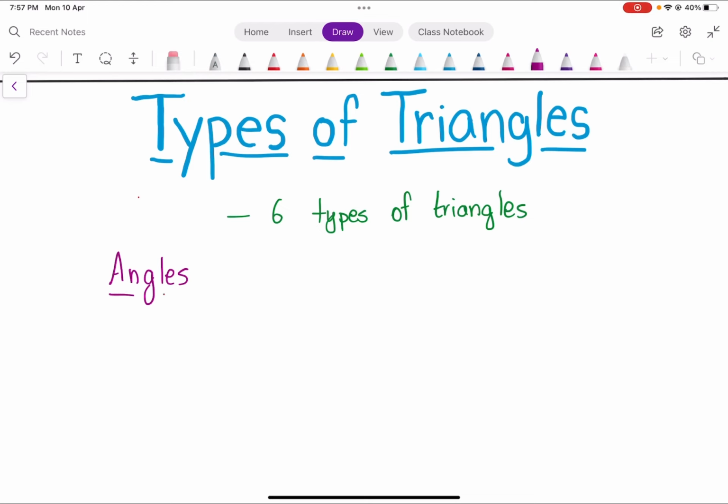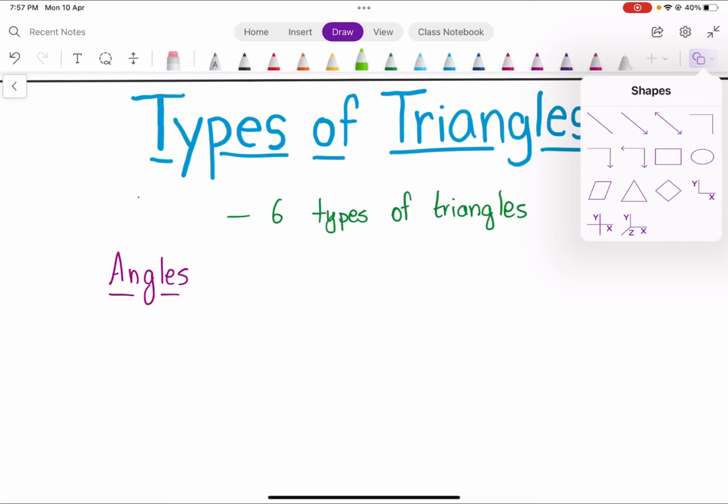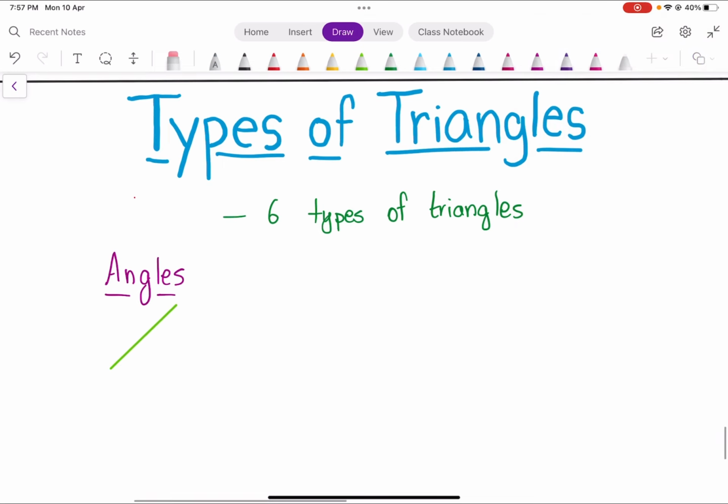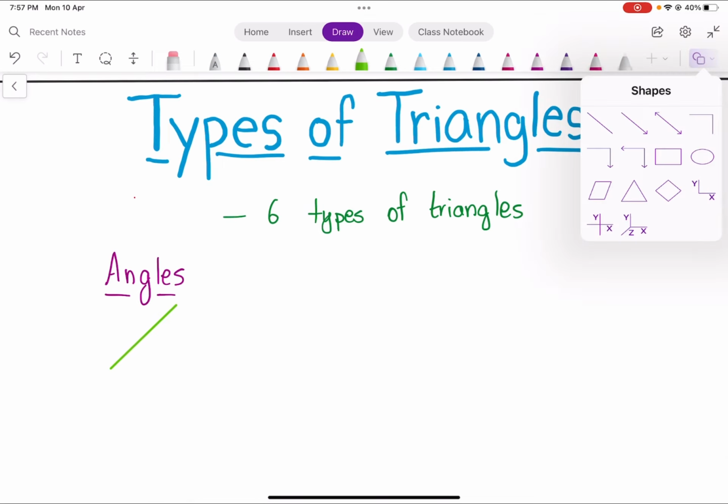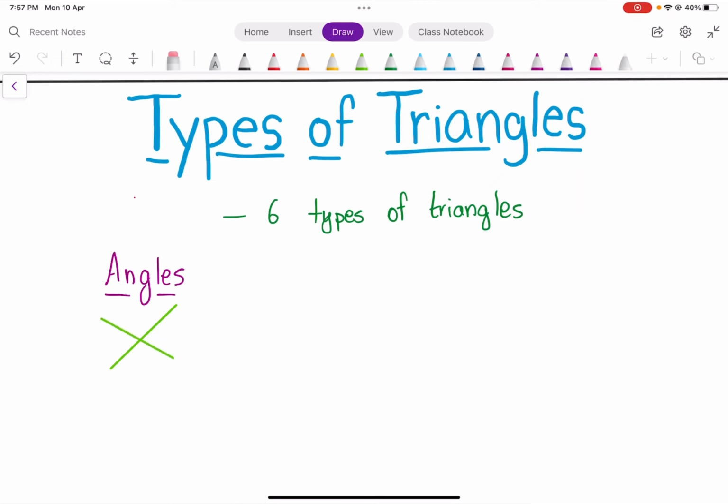So to understand angles, let's take 2 different line segments. This is our first one, and this is our second one. Let's name them AB, so this one is AB, and the other one C and D, CD.